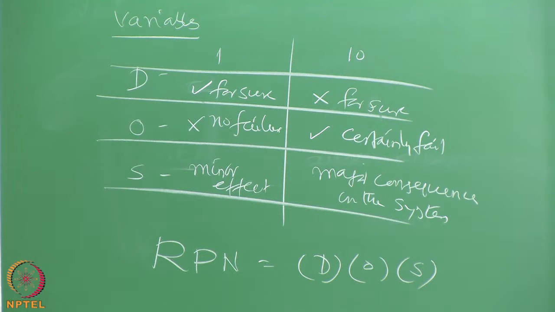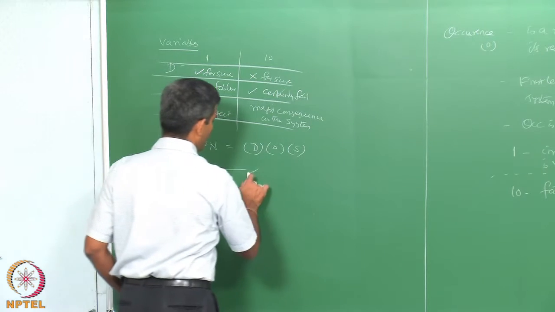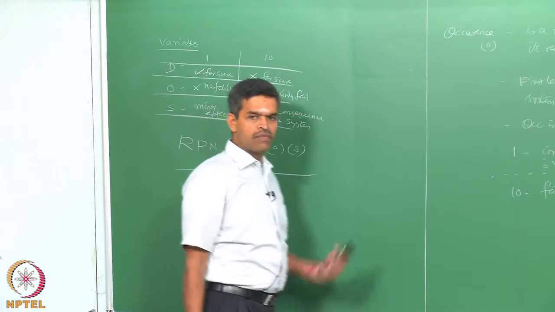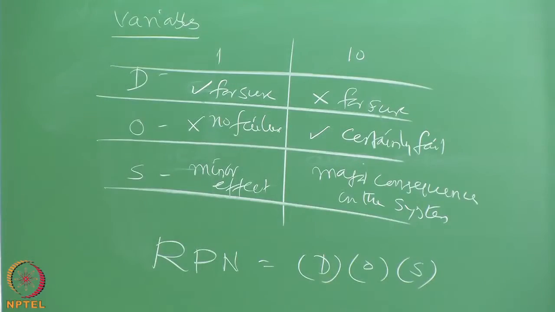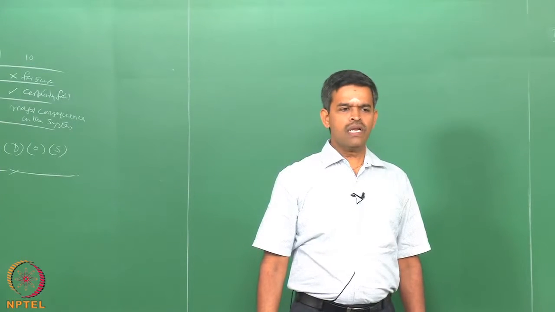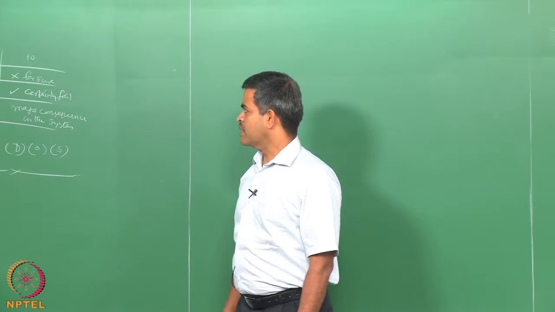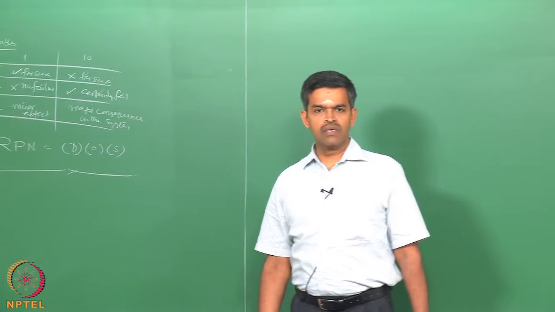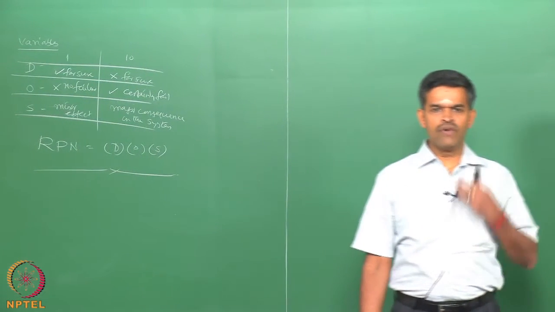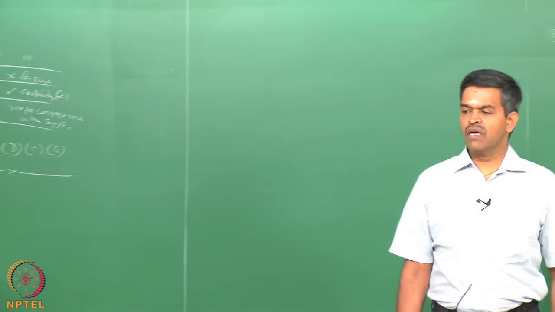So, I want to use this data further for my design FMEA, which I am going to discuss now. Now, interestingly, these 3 variables, detectability, rate of occurrence and severity, are to be quantified based on the data of the earlier failure scenarios.